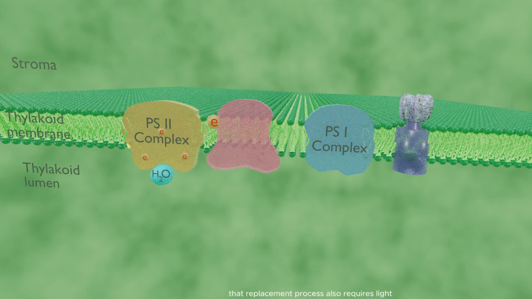That replacement process also requires light, working with an enzyme complex to split water molecules into hydrogen ions, electrons, and oxygen atoms. This process is known as photolysis, which means splitting by light. The electrons replace those originally lost from chlorophyll. The oxygen atoms, however, form oxygen gas, which is a waste product of photosynthesis released in the atmosphere.